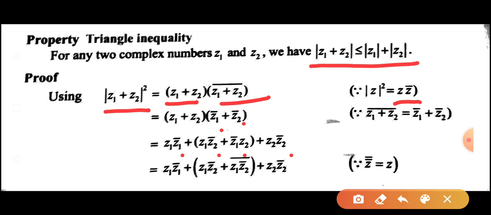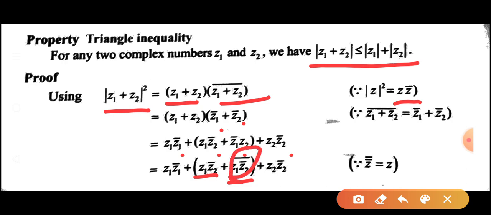In the center we have z1 z2 bar and z1 bar z2, which is z1 z2 bar the whole bar. Consider this as z and this as z bar.